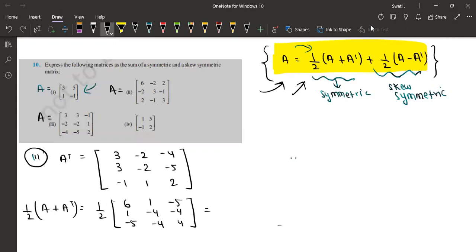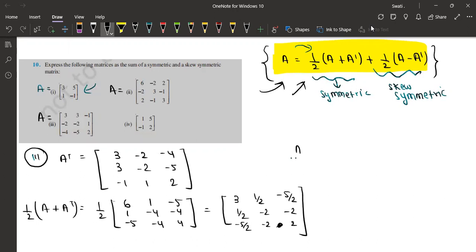And if you do the half of this, it is simply going to be 3 half, 1 by 2, -5 by 2, -2, -2, -5 by 2. This will become -2, and this will become +2. This is our half of A plus A transpose.